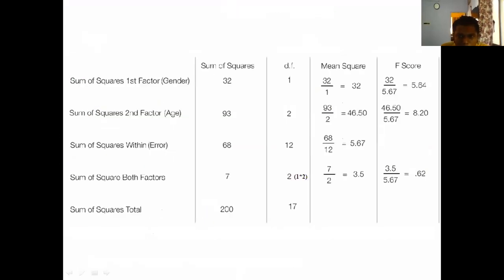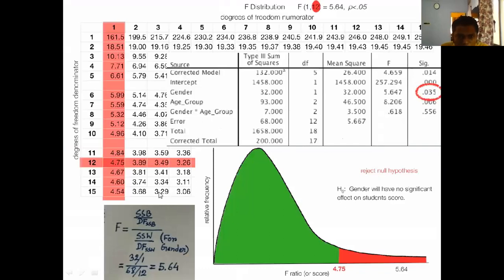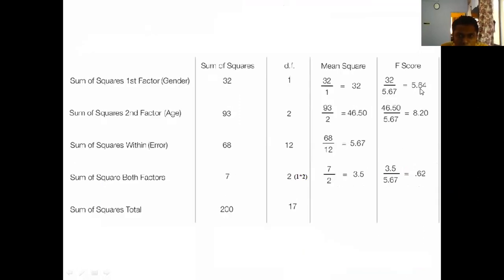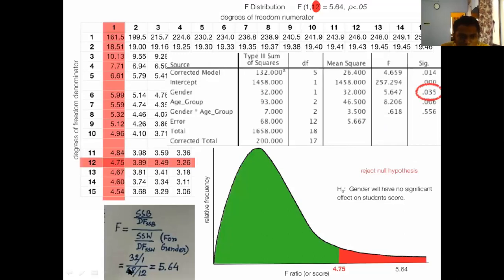Now let's check the first hypothesis. In the case of the first hypothesis, F is equal to 5.64, that is 32 by 1 by 68 by 12. The degrees of freedom for the sum of square between is 1, and for the sum of square within it is 12. You are performing the test at a significance level of alpha equal to 0.05. So this is the table for 0.05.